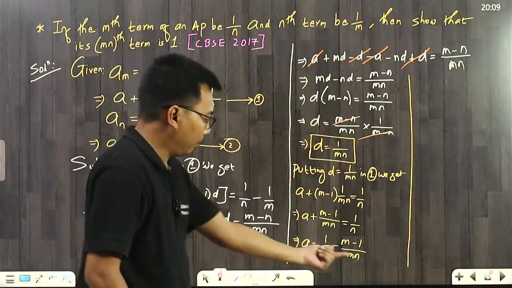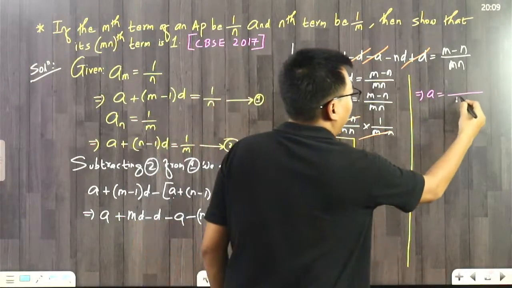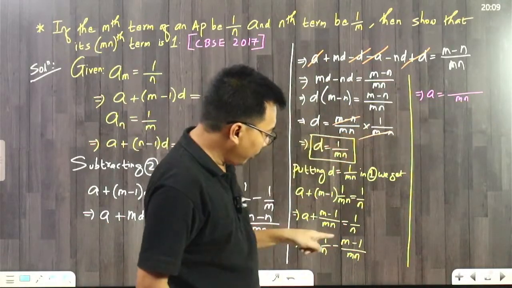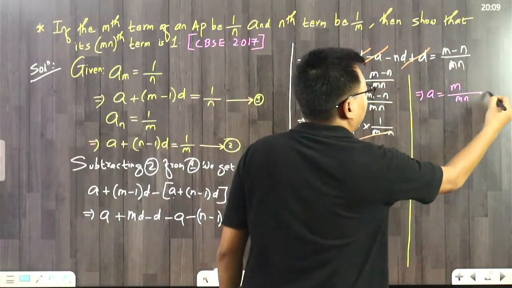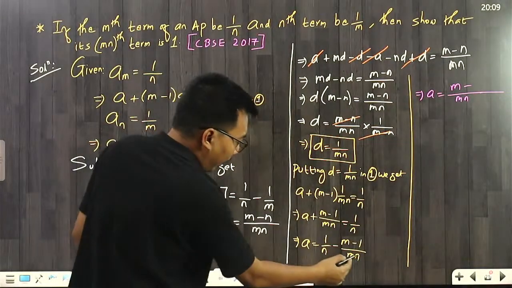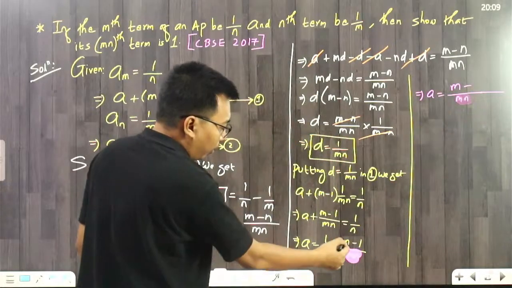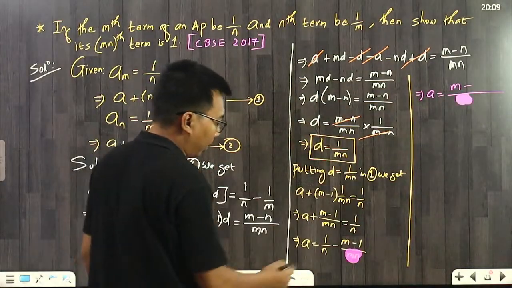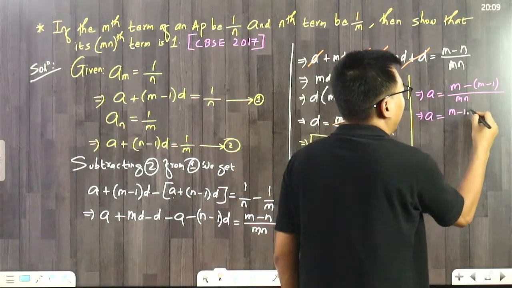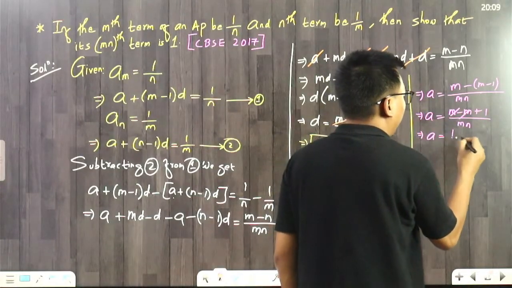We'll get a is equal to m, because n and n will cancel each other, so m into 1 is m, minus, and mn and mn will cancel each other, so we get m minus 1, minus in bracket m minus 1. So we'll get a is equal to m minus m plus 1 by mn. M and minus m will cancel each other, we'll get a is equal to 1 by mn.